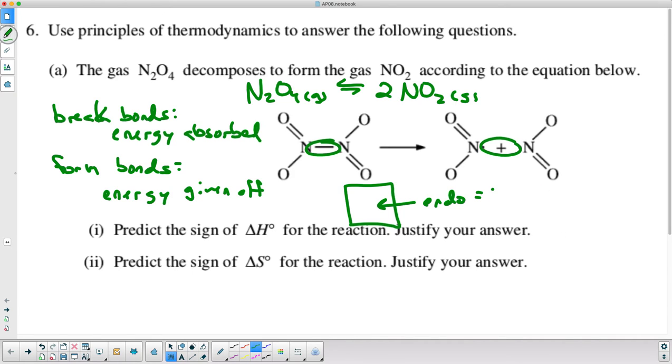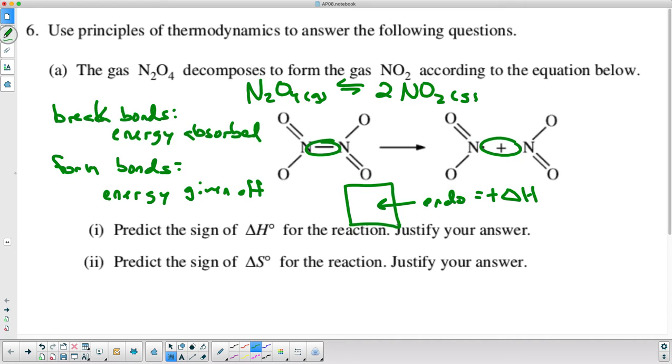I know that's a big stretch, but when we break bonds, you have to put energy into breaking the bond, just like you have to put energy into breaking a pencil or breaking a concrete block with a sledgehammer. But forming bonds is different.